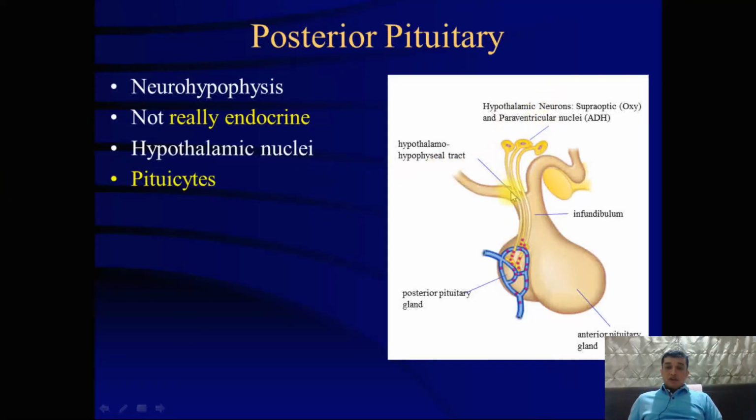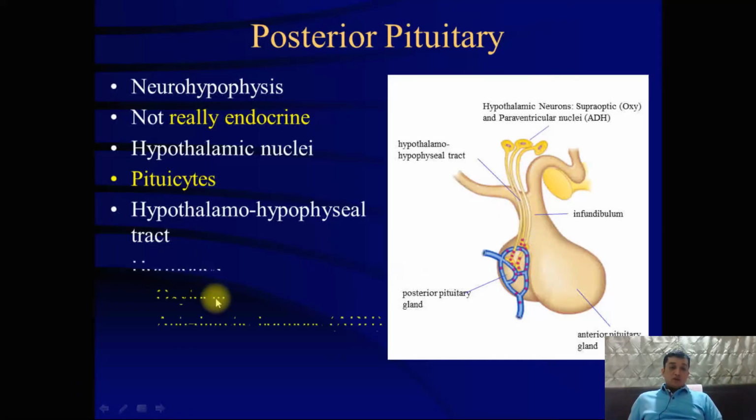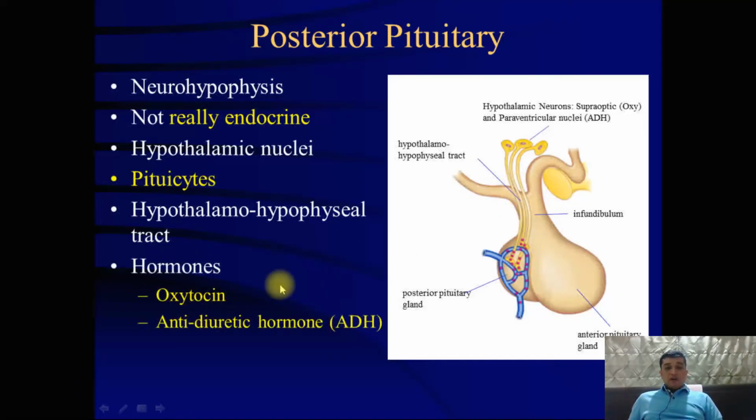And these nuclei have neurons which end in the posterior pituitary gland. The cells of the posterior pituitary gland are referred to as pituocytes, and this is the hypothalamo-hypophyseal tract, a tract because these neurons move in this direction, from the hypothalamus to the posterior pituitary. And we have learned two hormones: oxytocin and antidiuretic hormone or vasopressin from these nuclei.